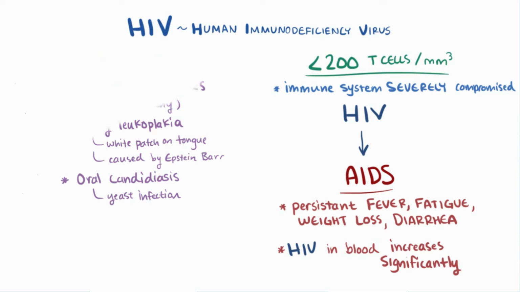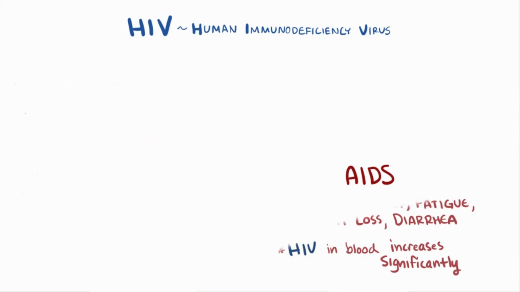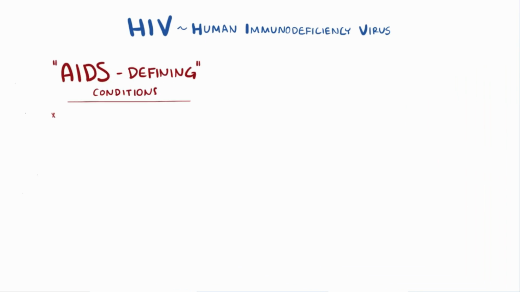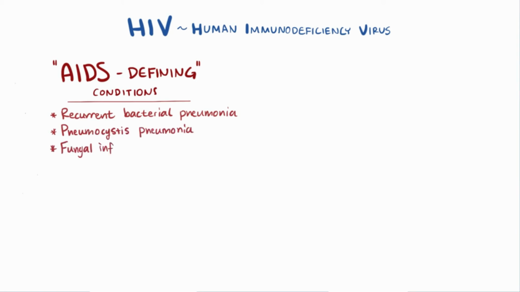At this point, certain conditions start to develop that are said to be AIDS-defining, such as recurrent bacterial pneumonia, pneumocystis pneumonia, and fungal infections like candidiasis of the esophagus.